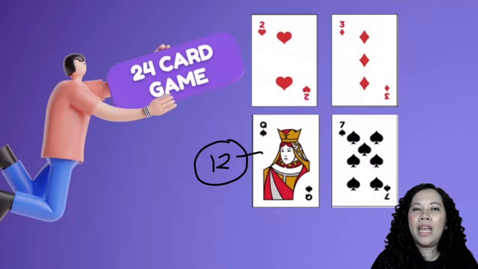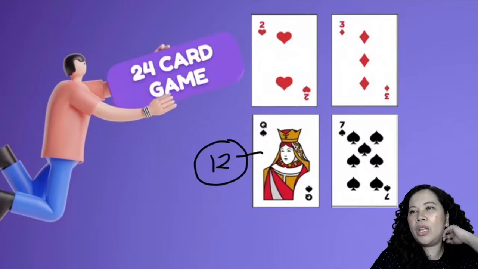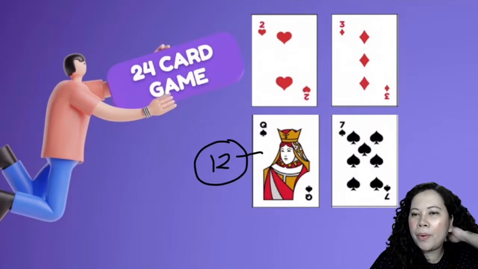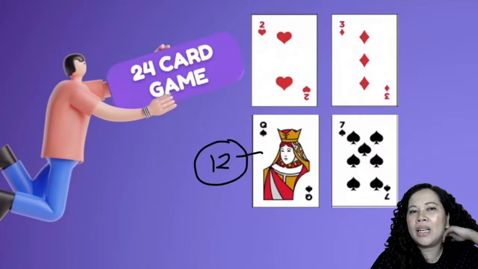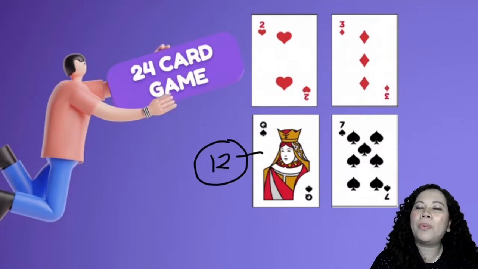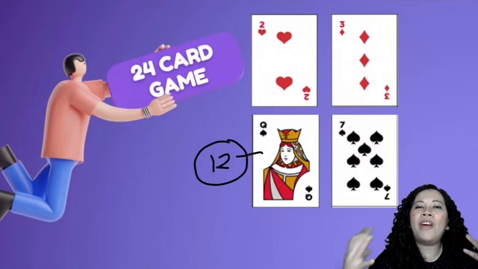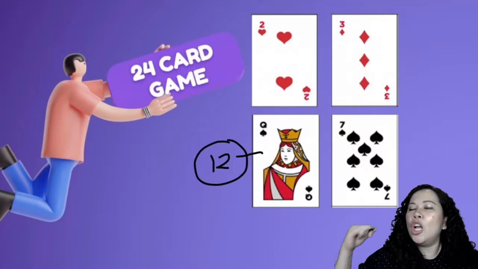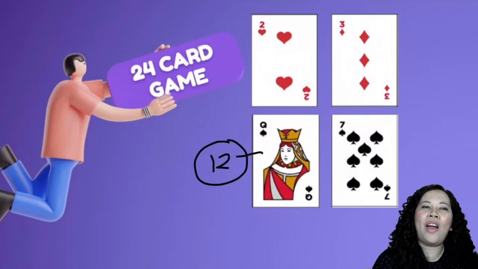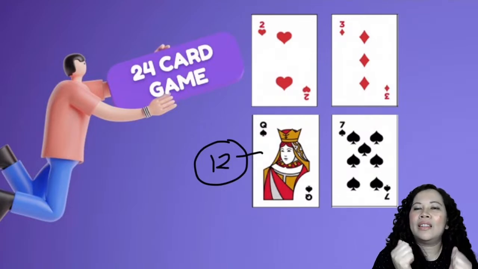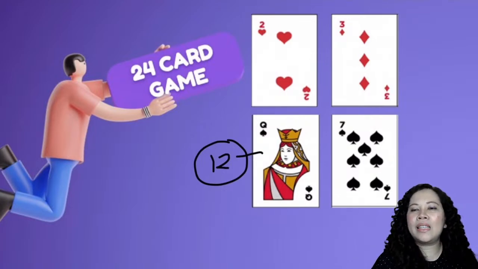Again, the rule of the game is that you can only use the card once, but you can use any of the operations so that the final answer is 24. Let's go.